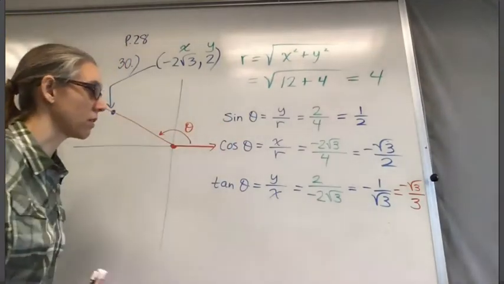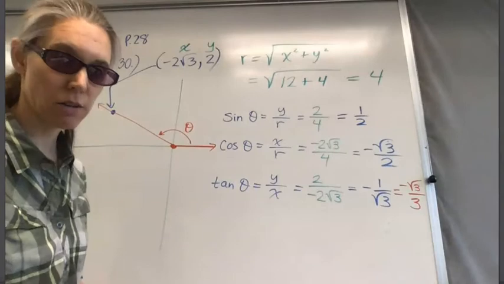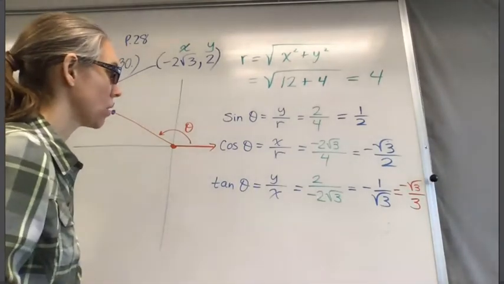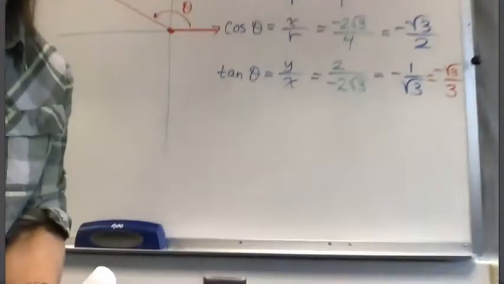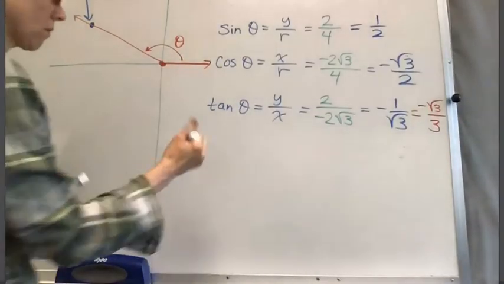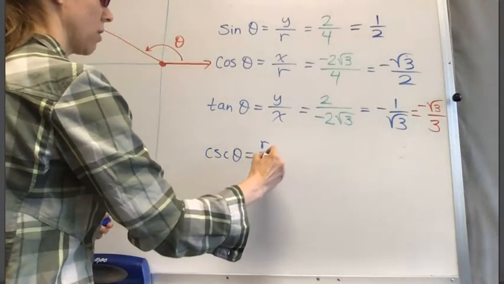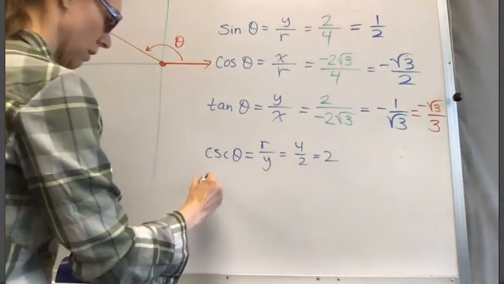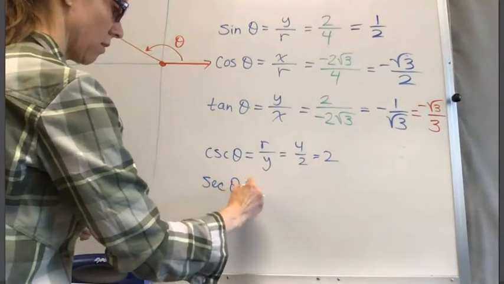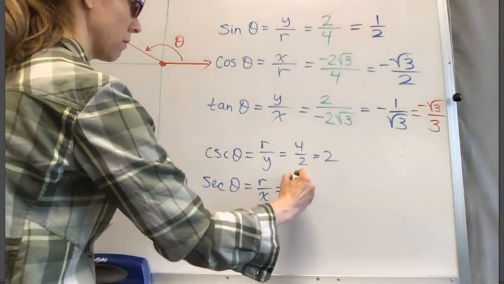And we also need the other 3, which are the reciprocal functions of sine, cosine, and tangent: cosecant, secant, and cotangent. And those would also follow a similar pattern. I'll just do them down here now. Cosecant of theta is r over y. Secant of theta is r over x.